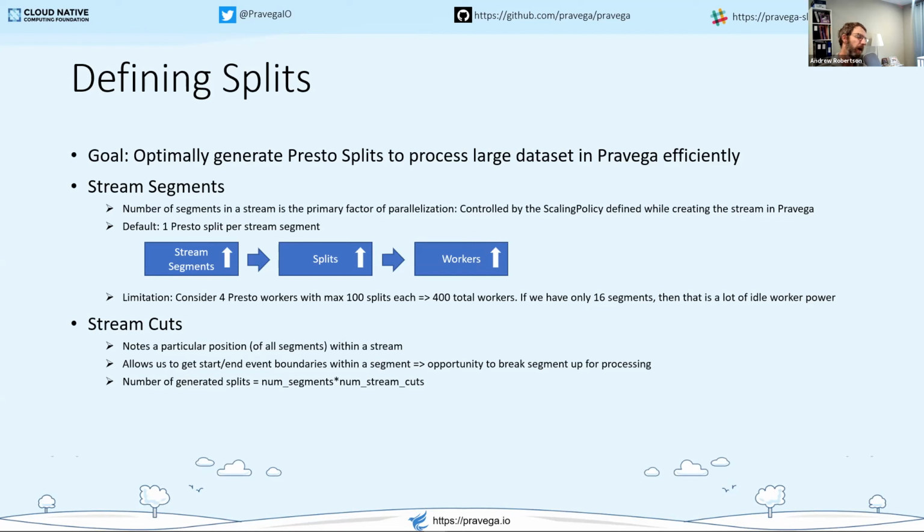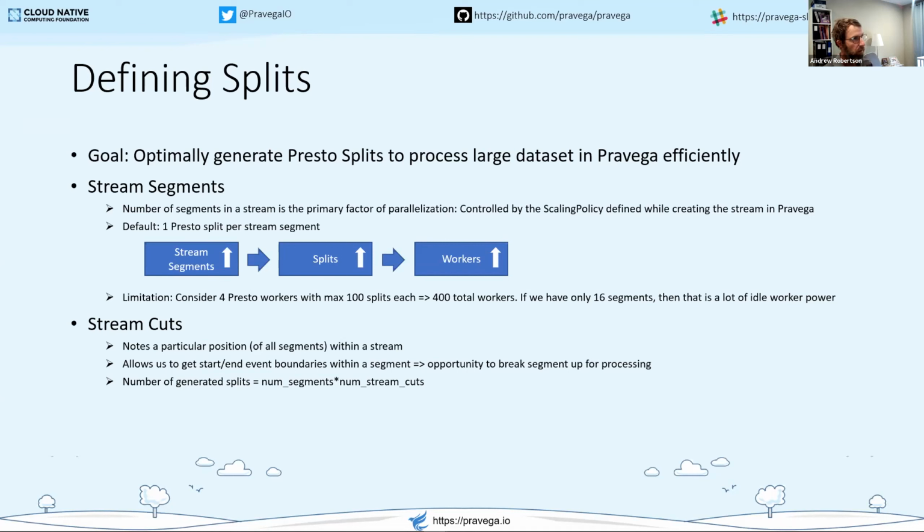Right now, out of the box, there's one Presto split per segment within a stream. When the coordinator asks us what the splits are, we use the Pravega client API to figure out what the segments for the stream are, and create splits from them.